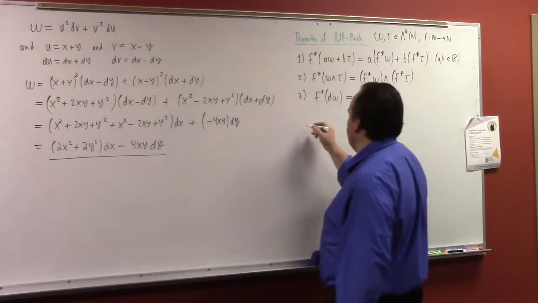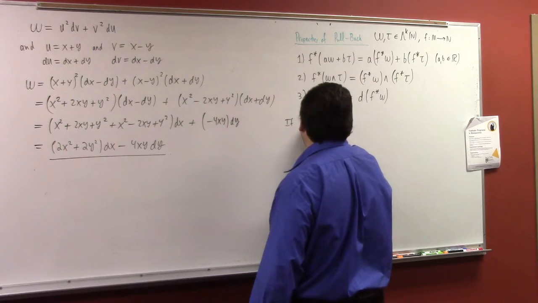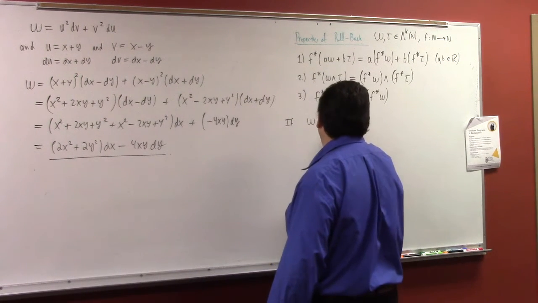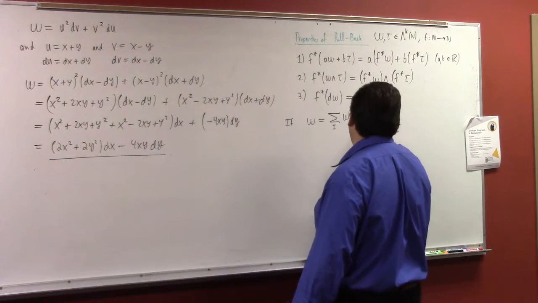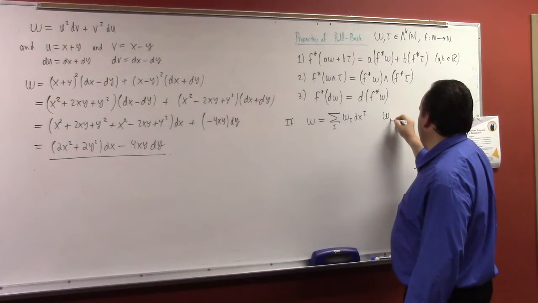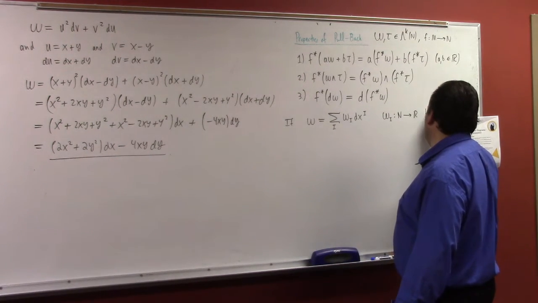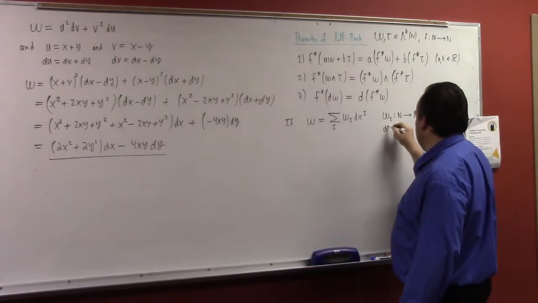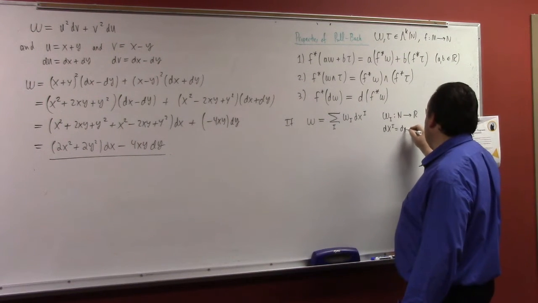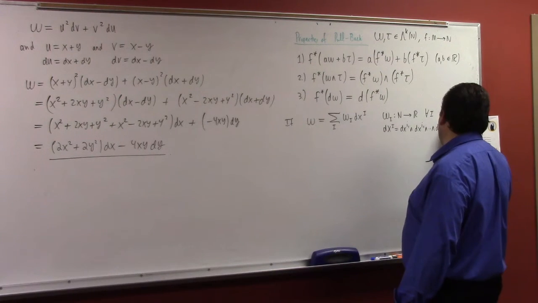Supposing the properties are true, if omega is equal to the sum over multi-index I of omega I dx I, where omega I is a smooth function from n to the reals for all choices of multi-index I, and dx I is a notation for dx i1 wedge dx i2 through dx ik if we're talking about a k-form.